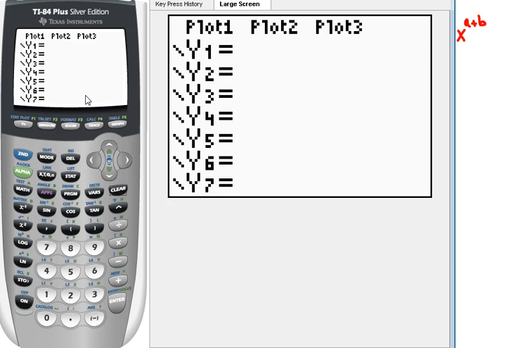So we go to y equals. We're going to hit second. Down here the ln key has an e to the x, and we want e to the x minus 1, but we need parentheses around that.